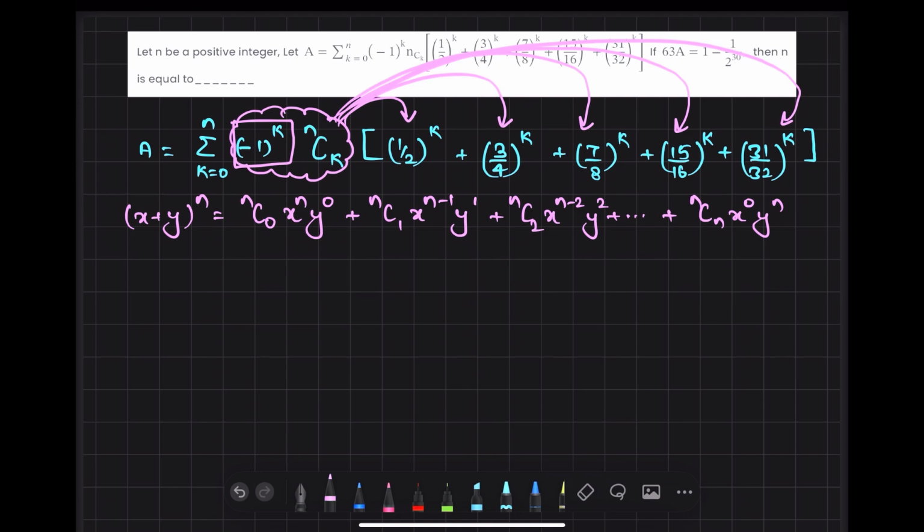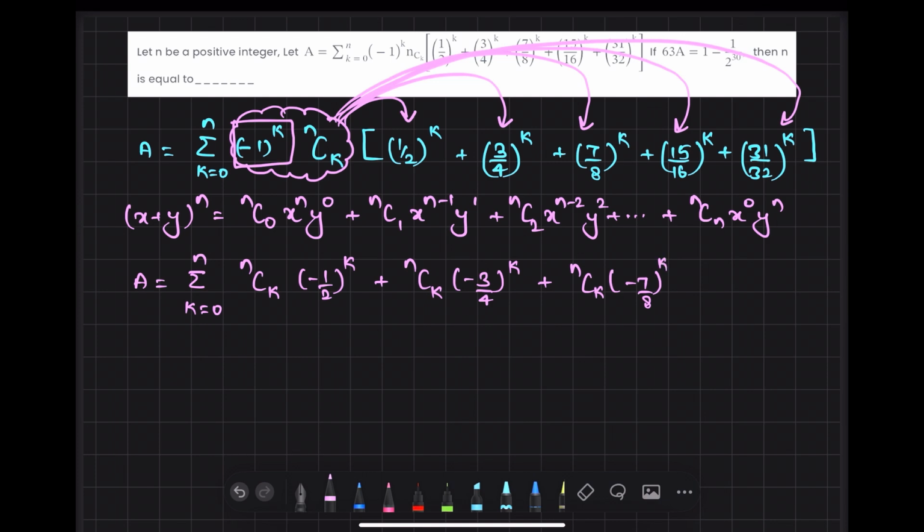So can I write this as a equals summation k from 0 to n, nck minus 1 by 2 power k plus nck minus 3 by 4 power k plus nck minus 7 by 8 power k dot dot dot nck minus 31 by 32 power k.